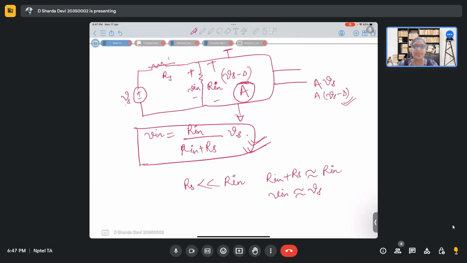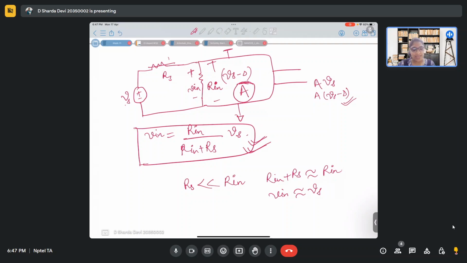Is this clear? So basically, the idea is your amplifier should get all of the input you are supplying, and at the output your amplifier should not consume any of your output signal, but transfer all of it to the load.